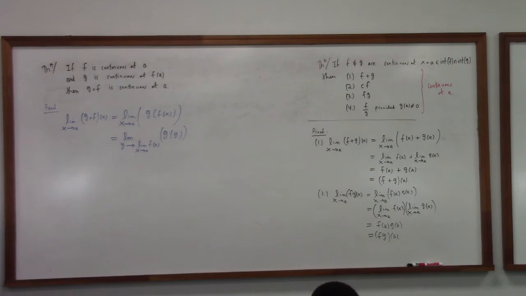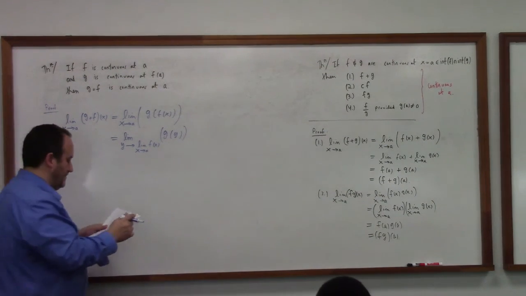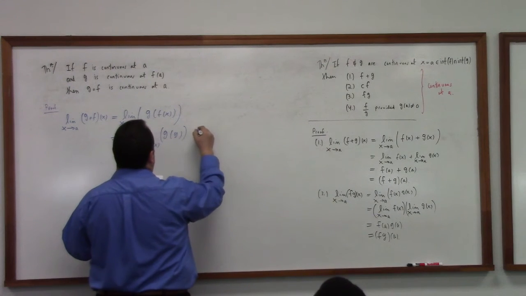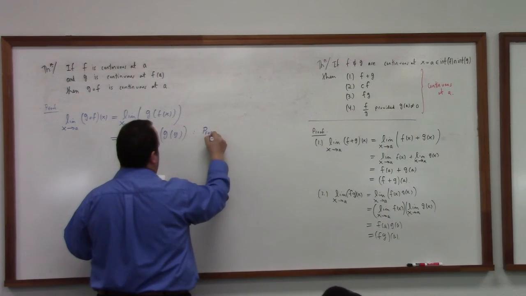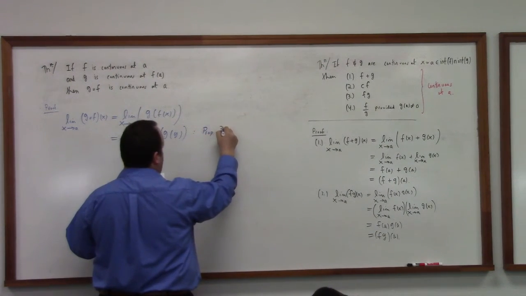But what do we know here? We know f is continuous, right? So what is limit as x goes to A of f of x equal to? So this right here is proposition 3.3.10.